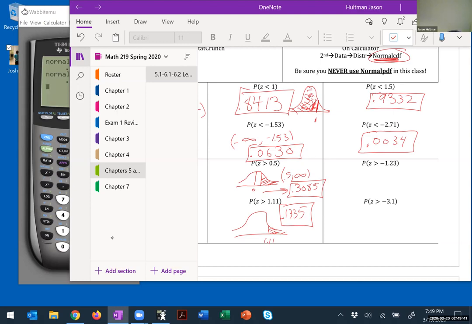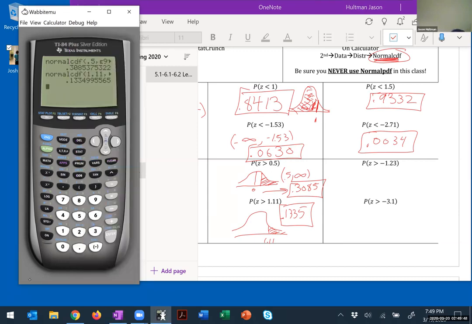What about this one, Z is greater than negative 1.25? Same thing. You can try these on your own. I'm going to put in the numbers here, stealing from the top.